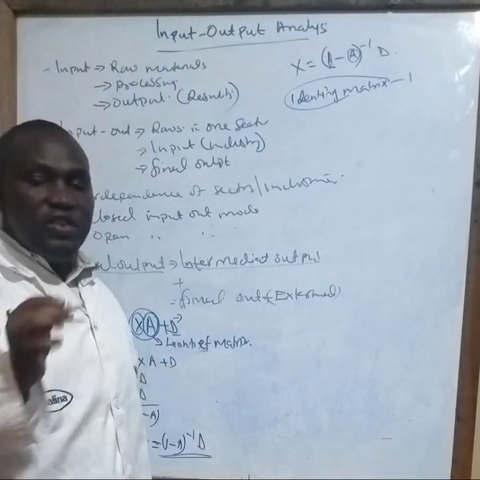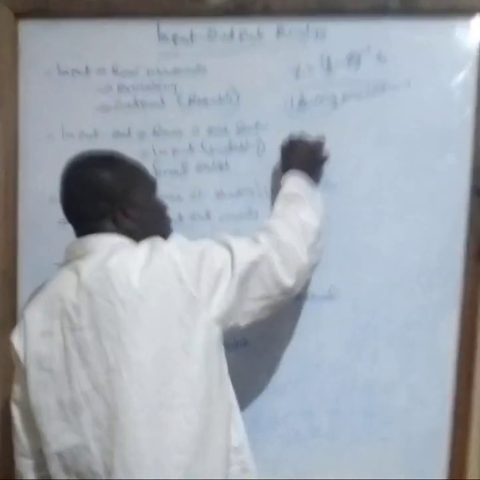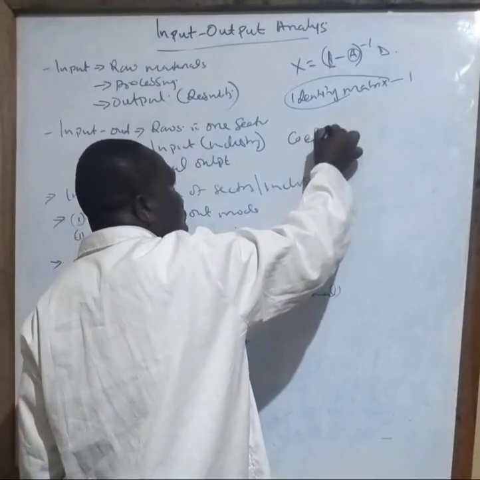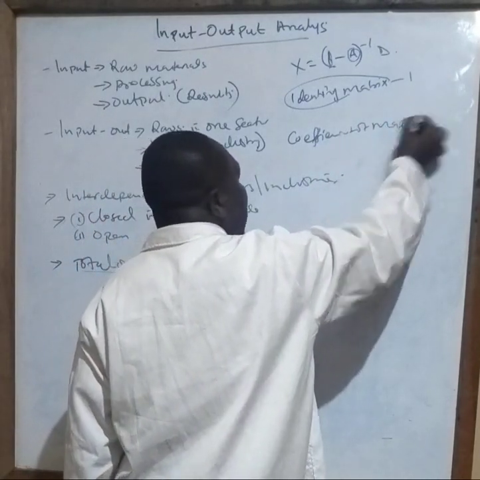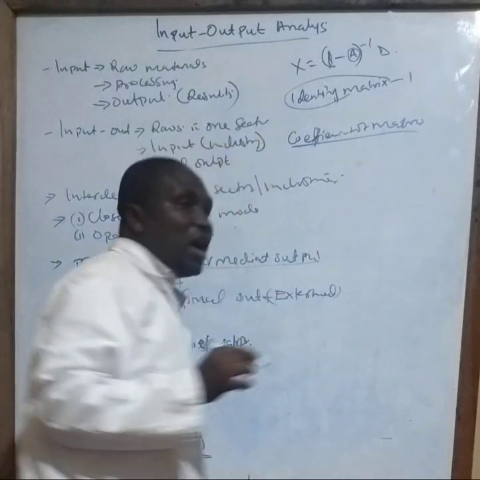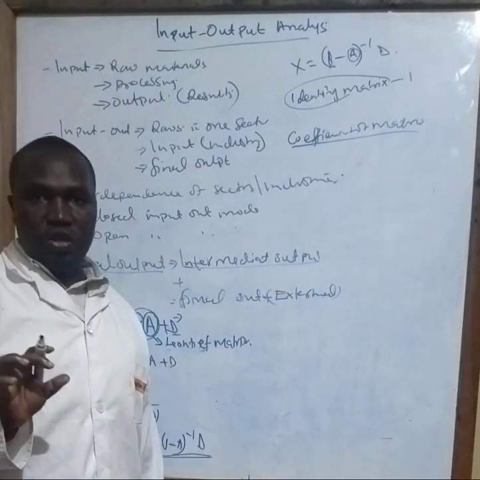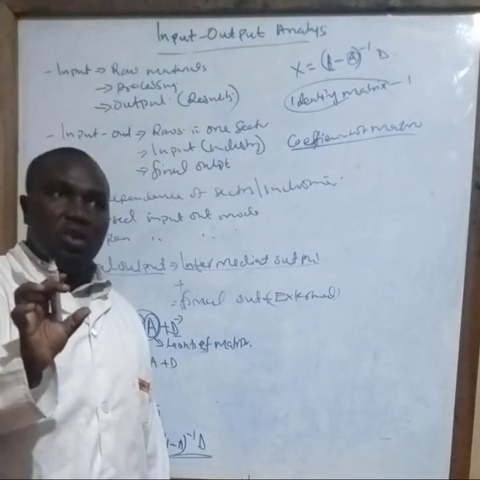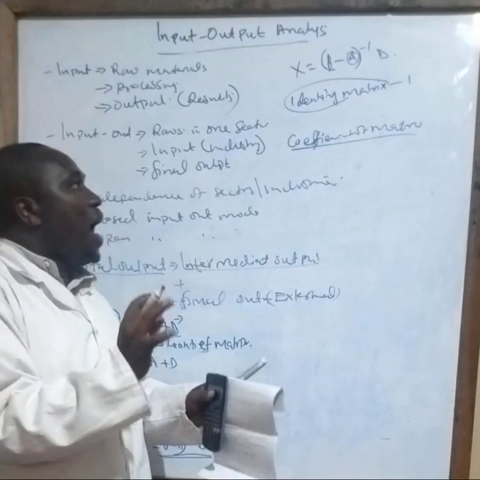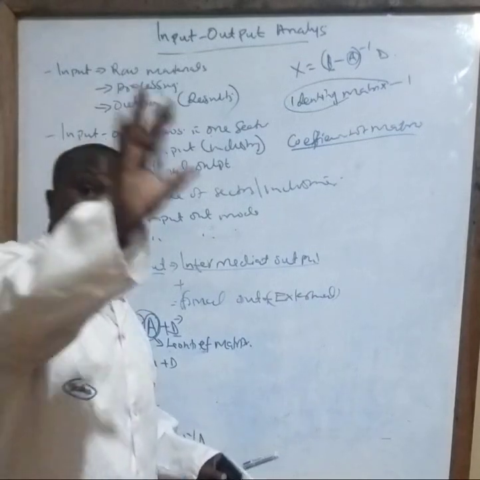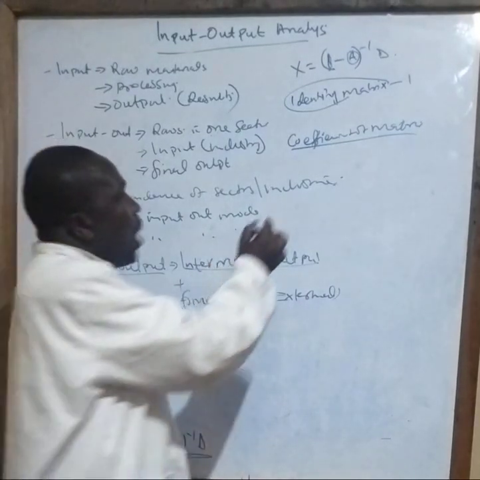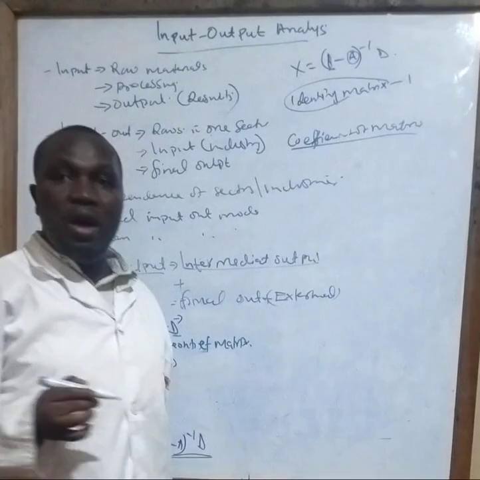Another word for Leontief matrix is what we call coefficient of matrix. And the coefficient of matrix refers to the proportion of the output consumed internally and the proportion of output that is left to outsiders. We are going to see how to calculate this coefficient of matrix.